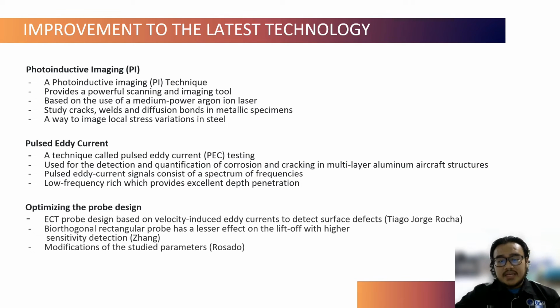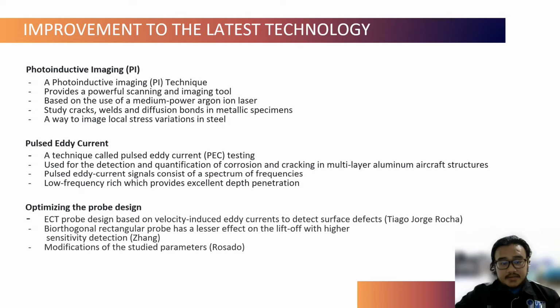Development of probe and instrumentation for photoinductive imaging is based on the use of a medium power argon ion laser with 5-watt nominal power. This probe provides high-resolution images and has been used to study cracks, welds, and diffusion bonds in metallic specimens. The PI technique is being studied as a way to image local stress variation in steel.